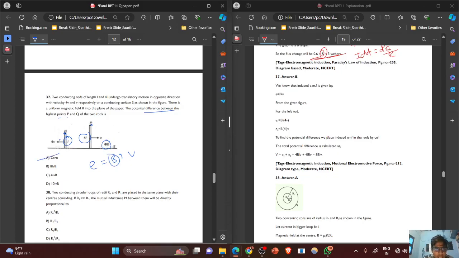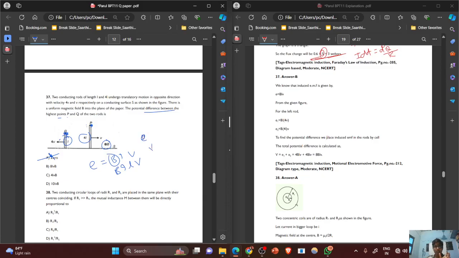Wait. BL is 4L and then it is V for this end. No, because the magnitude is the same. Actually, the point is that the total potential difference across these two rods is required.